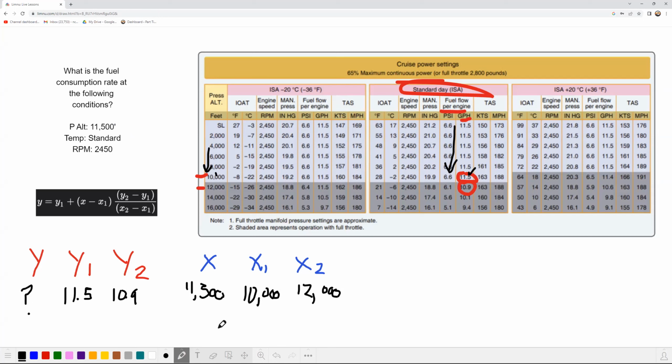All right, so now we can put this into the equation.